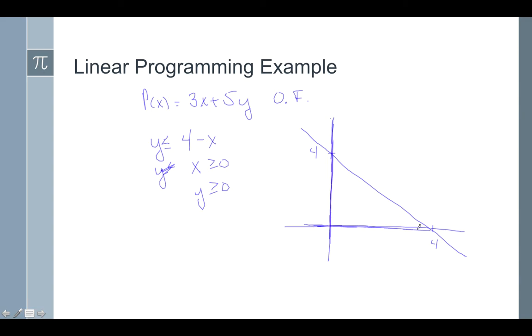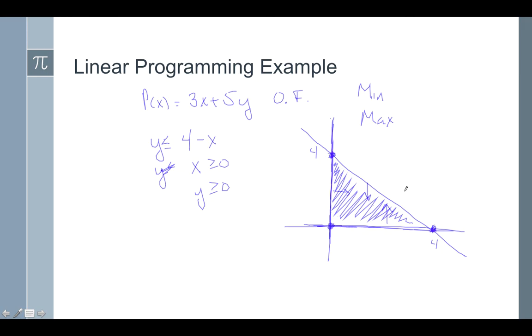That is the x-axis. And you notice that we're going to shade above the x-axis and to the right of the y-axis, and below the line, and we get this shaded region right here. What we want to figure out is the min and the max given this system and this objective function. And that comes from these corner points, the corners of my shaded region.